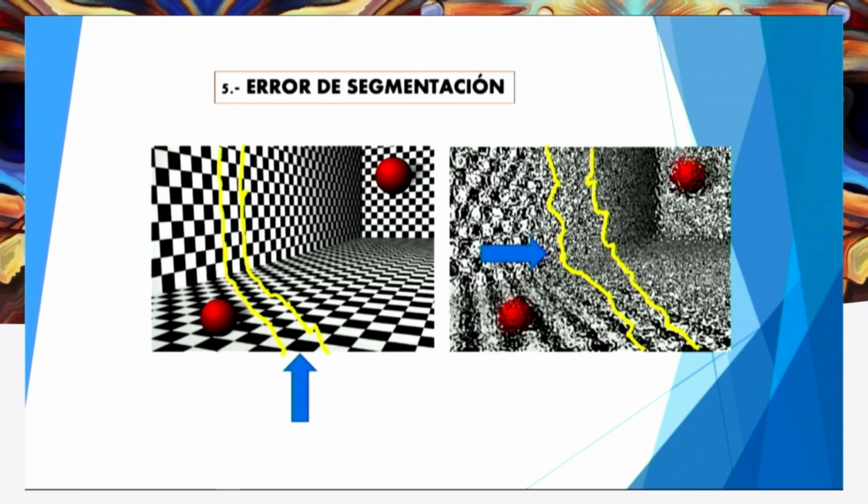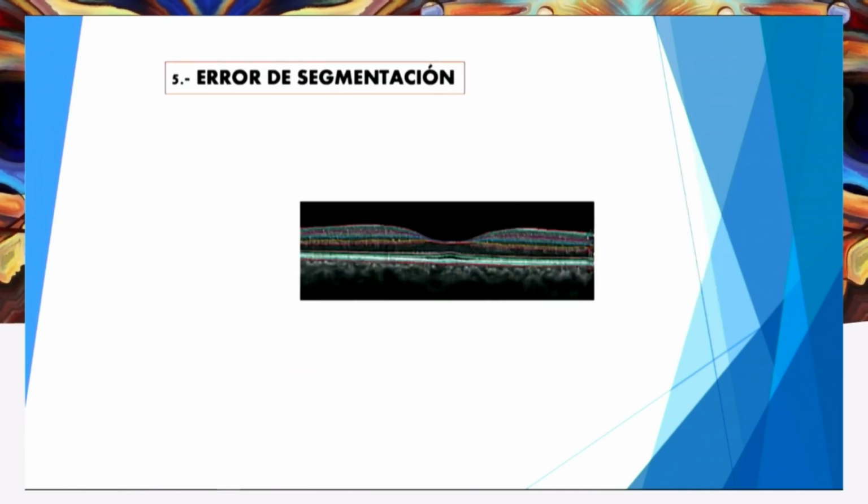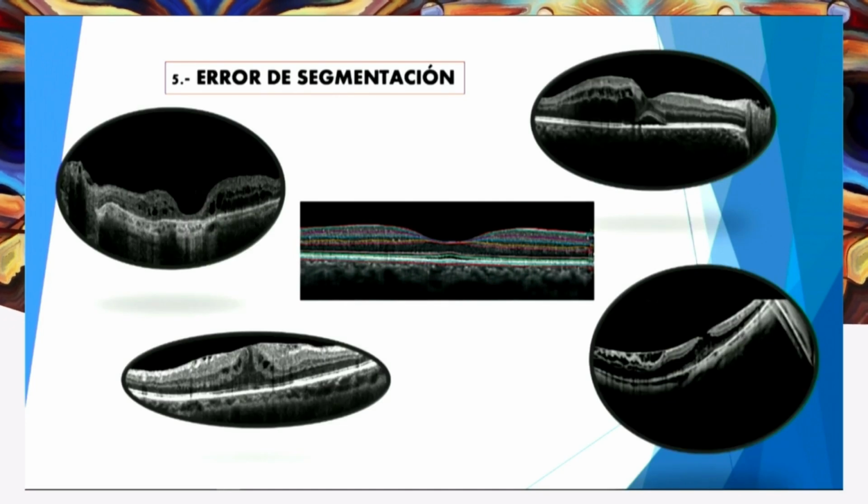So the image is not real. So, well, this segmentation error can be triggered by several things: atrophy, edema because of epiretinal edema, lamellar macular holes, or the presence of macular edema.